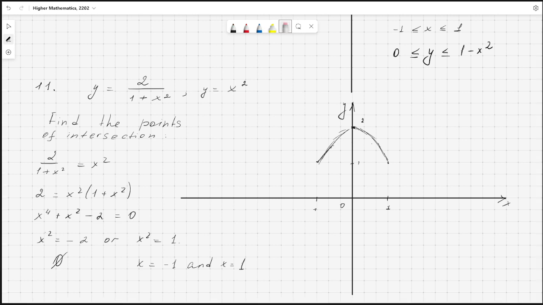It is line y is 2 over 1 plus x squared, and y is x squared. It is a very easy problem.